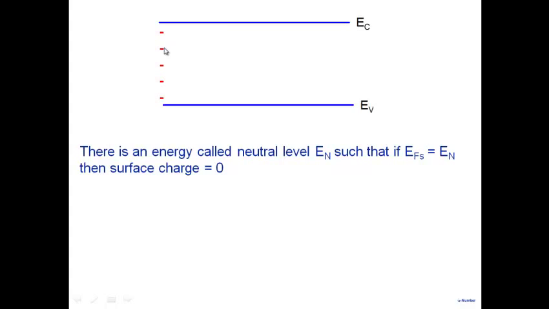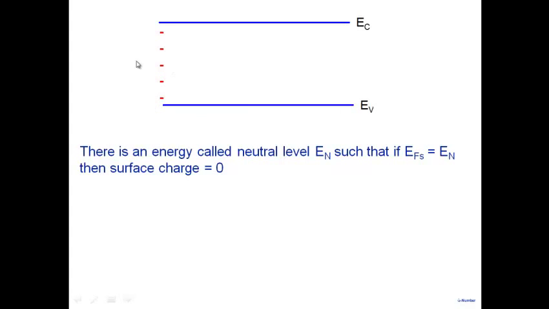When the donor gives an electron to the conduction band, it becomes positively charged. A state can also be acceptor-like. Acceptor-like means if it accepts an electron, it becomes negatively charged. On the other hand, if it is without that electron, then it's neutral.